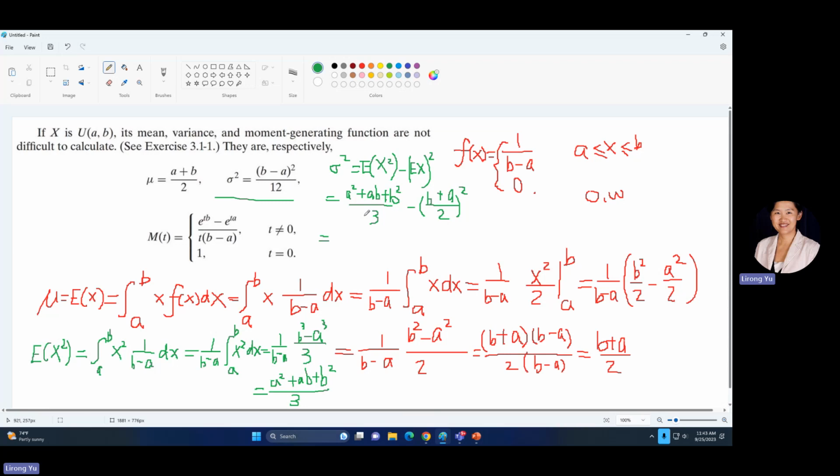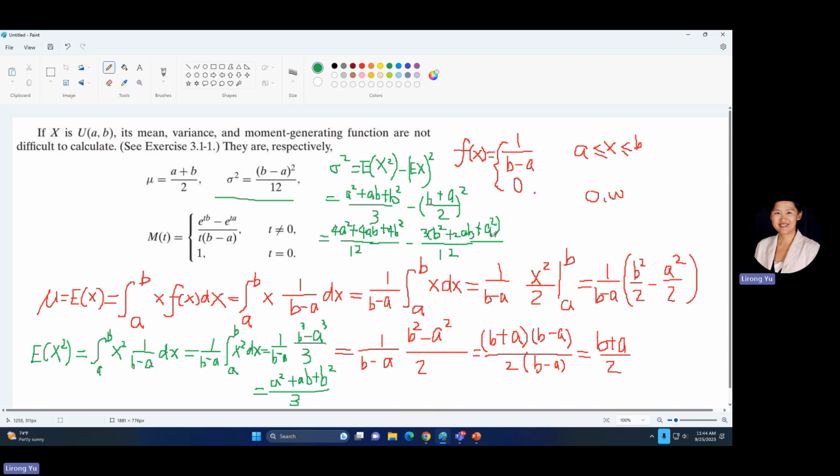So we switch to 12, and they all times 4, so it's going to be 4a squared plus 4ab plus 4b squared. The second one is minus, over 12. Now we have to times 3, so it's 3 times b squared plus 2ab plus a squared.